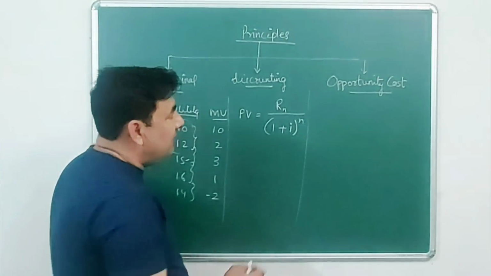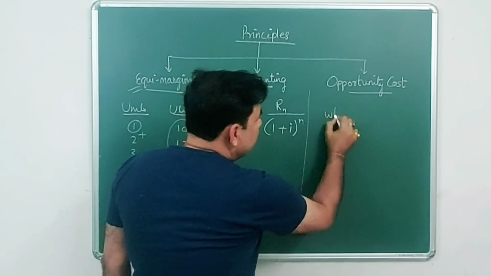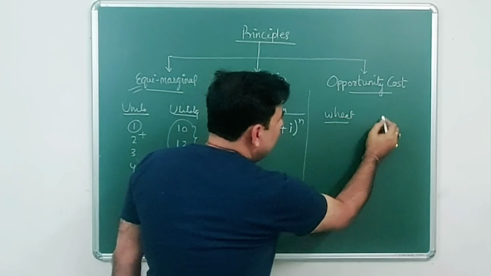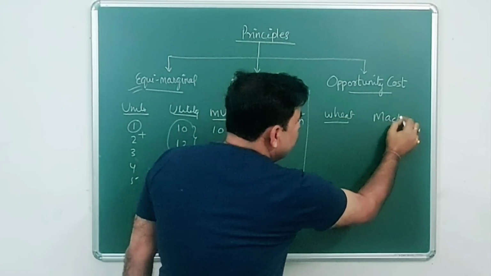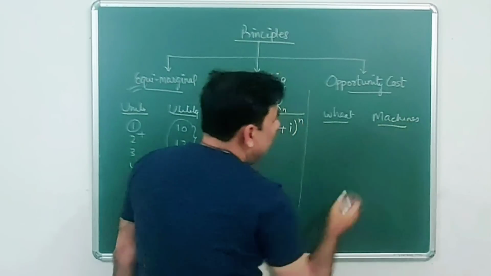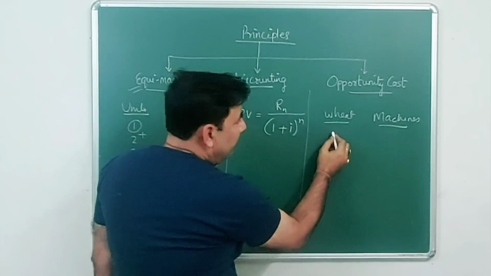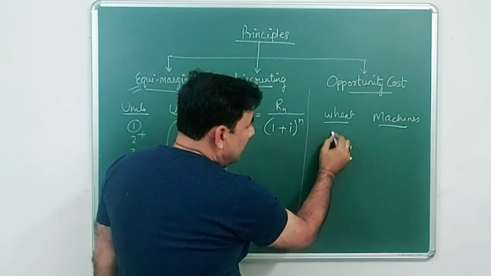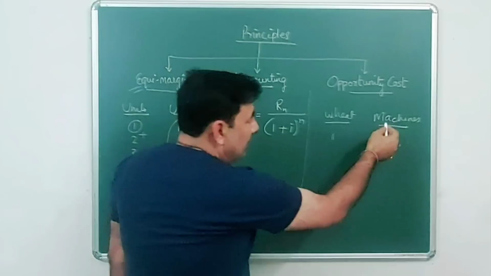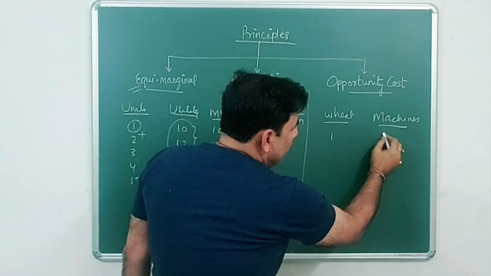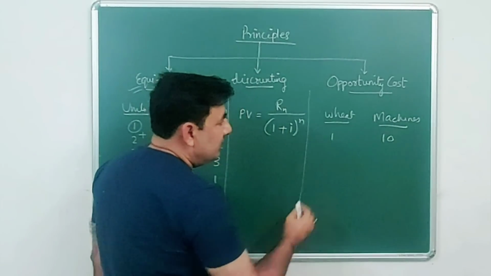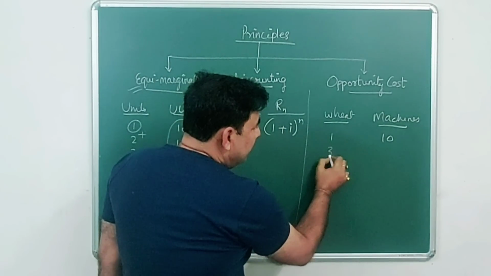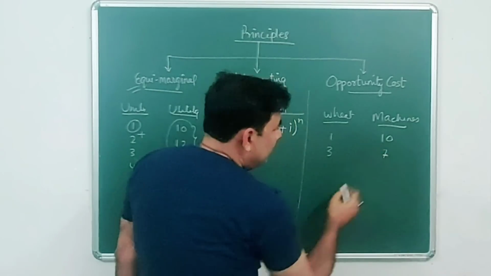So for example, suppose we have wheat and machines. If we want to manufacture 1 quintal of wheat, we can also manufacture 10 pieces of machines. We can manufacture 3 quintals and take this as 7.